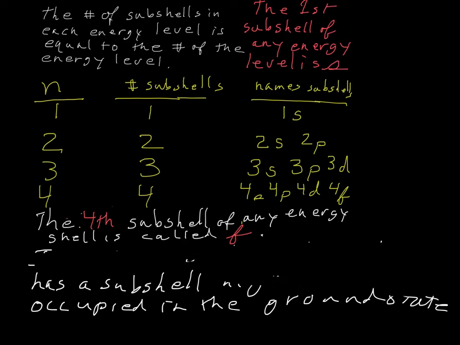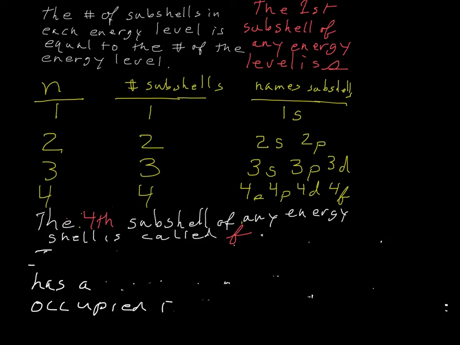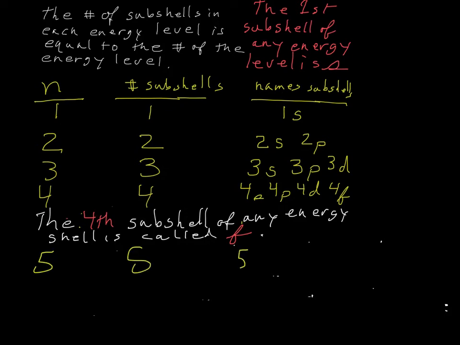All right, but let's do one more here. We come to our fifth energy level. It's going to have 5 subshells. The first subshell in the 5 is the 5s. Then we have the 5p. Then we have the 5d. Then we have the 5f.